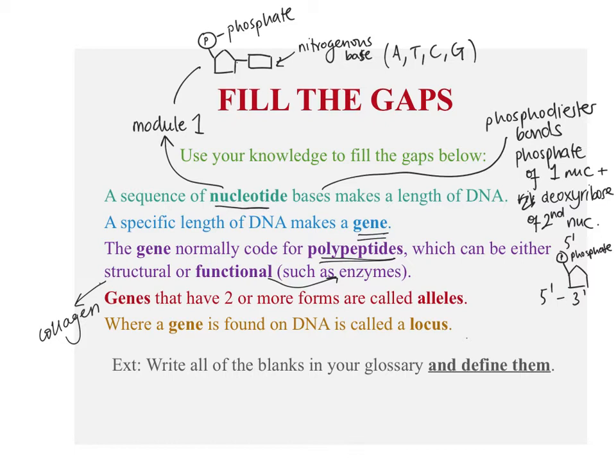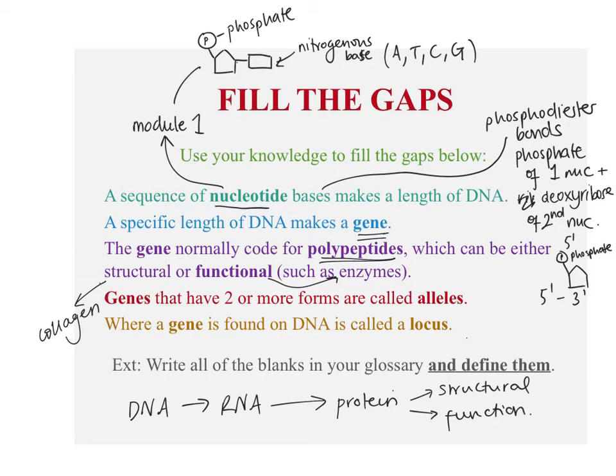So remember that we've got DNA, which turns into RNA through transcription, and that turns into a protein through translation, and that gives us either the structural components to make us human, or functional components to help us inside.